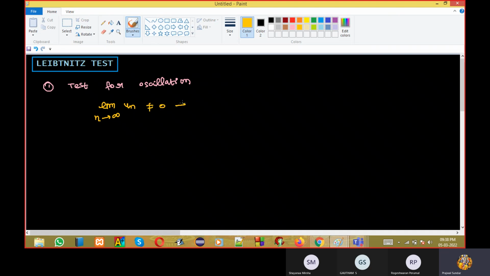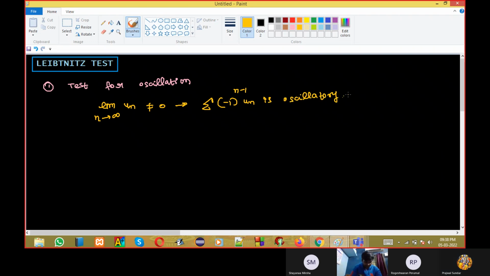If it is not 0, then I can say sigma of -1 power n minus 1 un is oscillatory. So the last term should not be 0. This is the concept. If the last term is not 0, this alternating series is oscillatory. Hope this is clear.